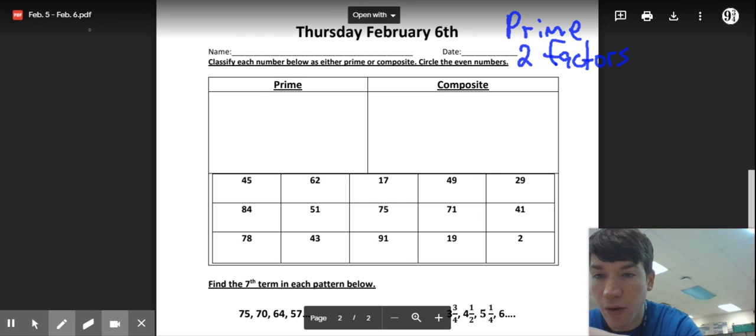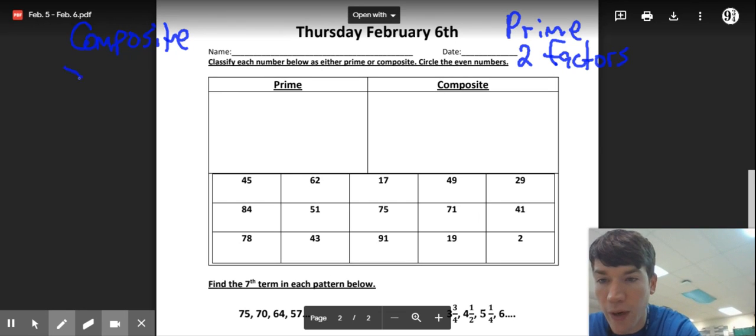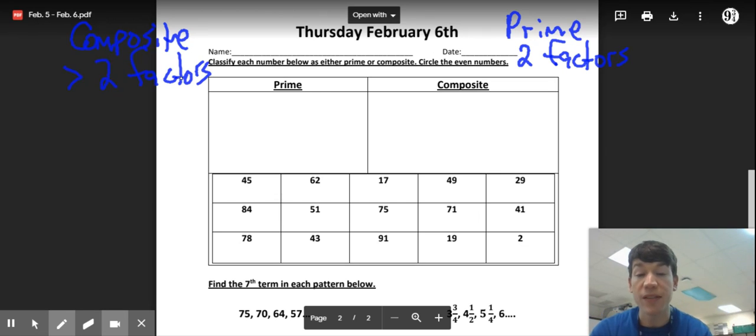And I'll write this over here. We have composite numbers. Numbers that have greater than two factors. So basically what that means is 1, the number itself, and at least something else besides 1 and itself. It could be 2, 3, 4, 5, whatever another number is besides 1 and itself.